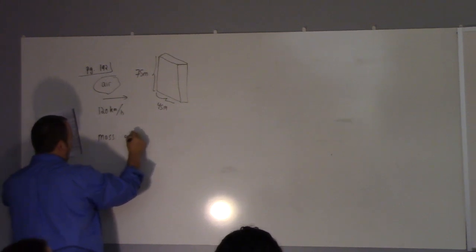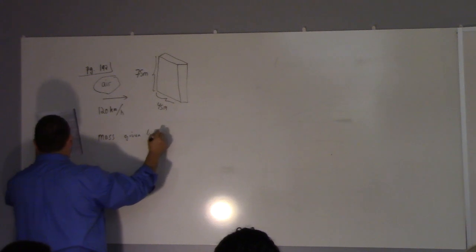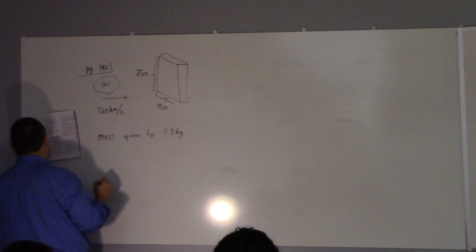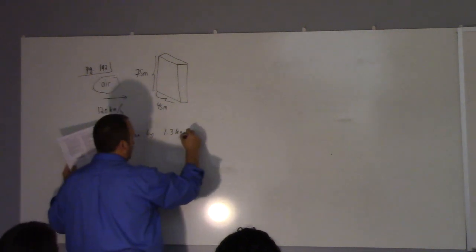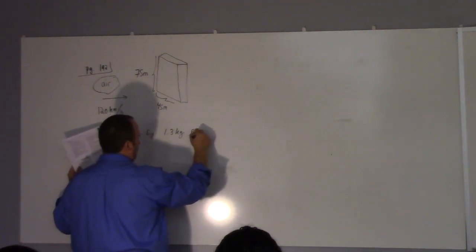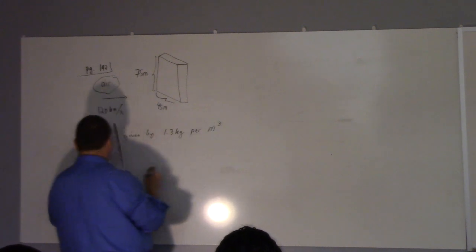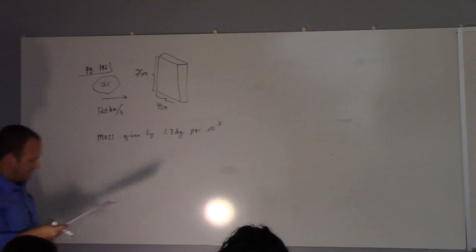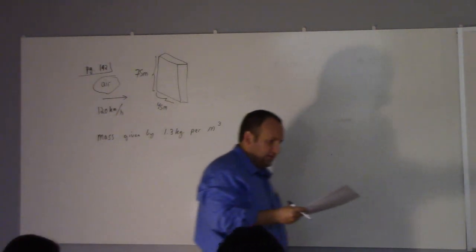Given by 1.3 kilograms per cubic meter. We're supposed to find the average force of wind on the building.